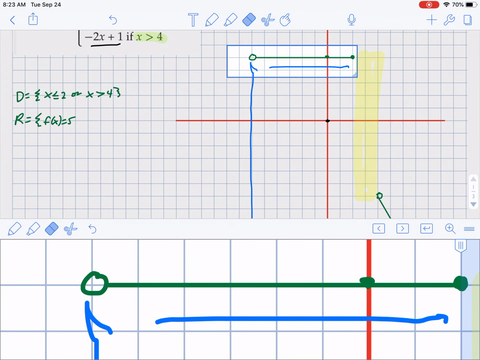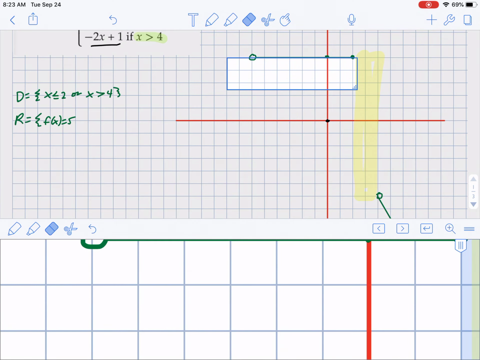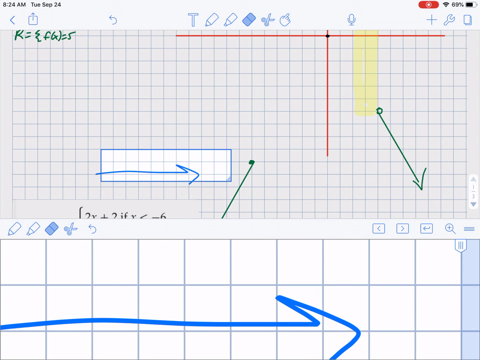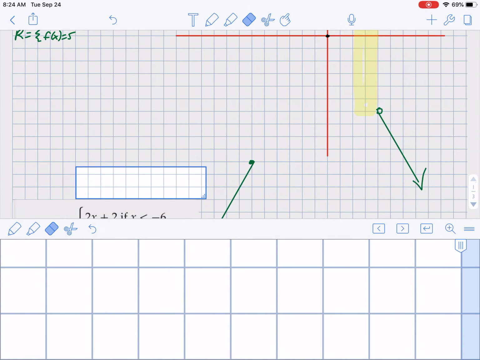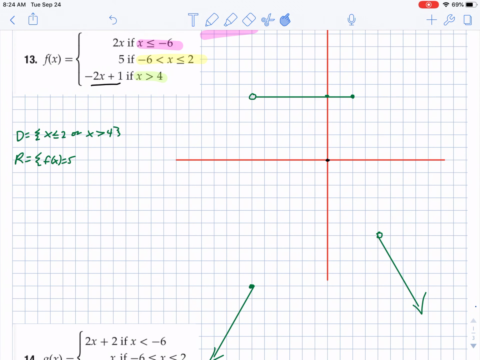Let me get rid of this blue stuff. Okay. And I'm also going to get rid of this yellow stuff. Because what I have for the range, I have this, and then I have here down. Okay. So that's f of x equals 5 represents the top horizontal line.